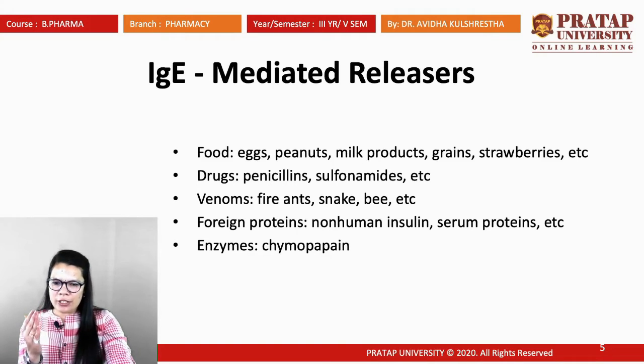So these are the mediated releasers which can influence the secretion or production of histamine in the body, which consequently creates allergy.